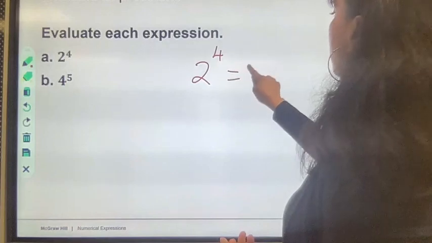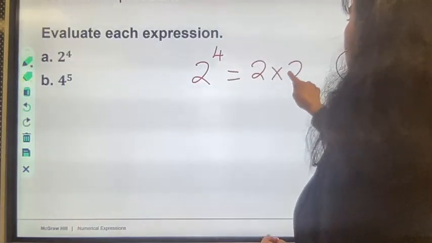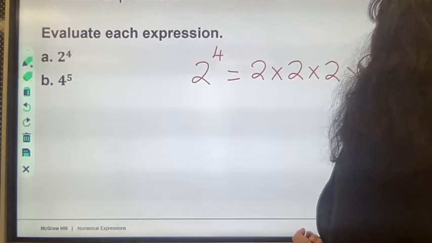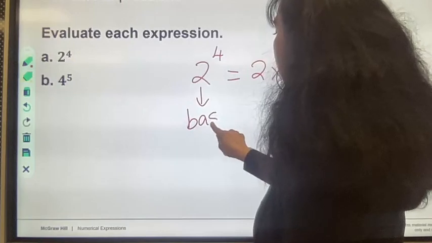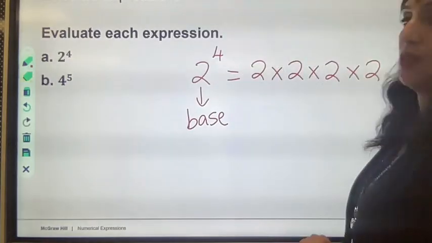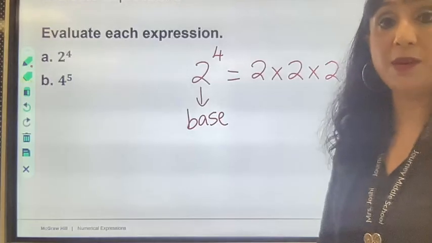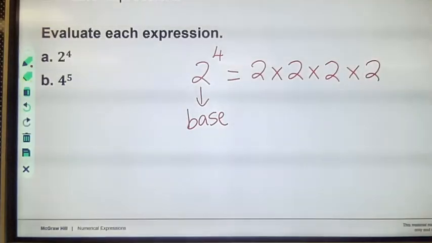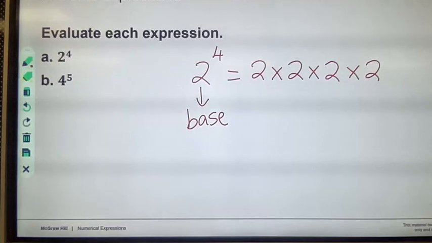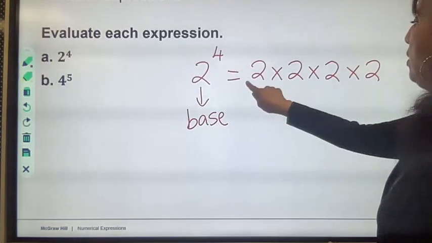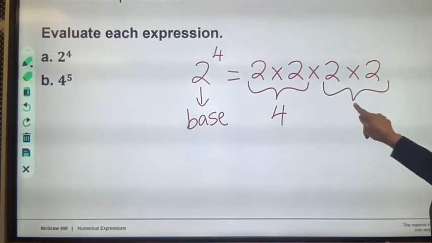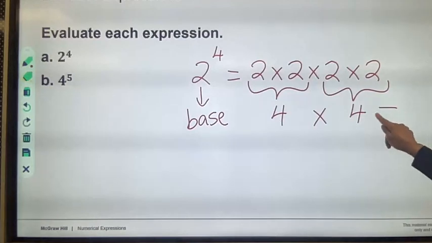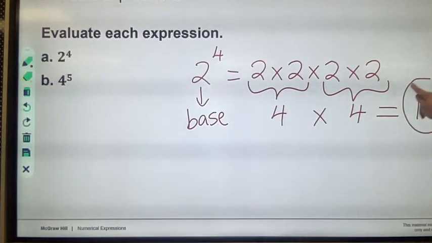So this is equal to 2 times 2 times 2 times 2. So this base is raised to the 4th power. That means I am going to multiply it by itself 4 times. And then when I multiply, I know that 2 times 2 is 4, 4 times 4, and that gives me 16 as my answer.